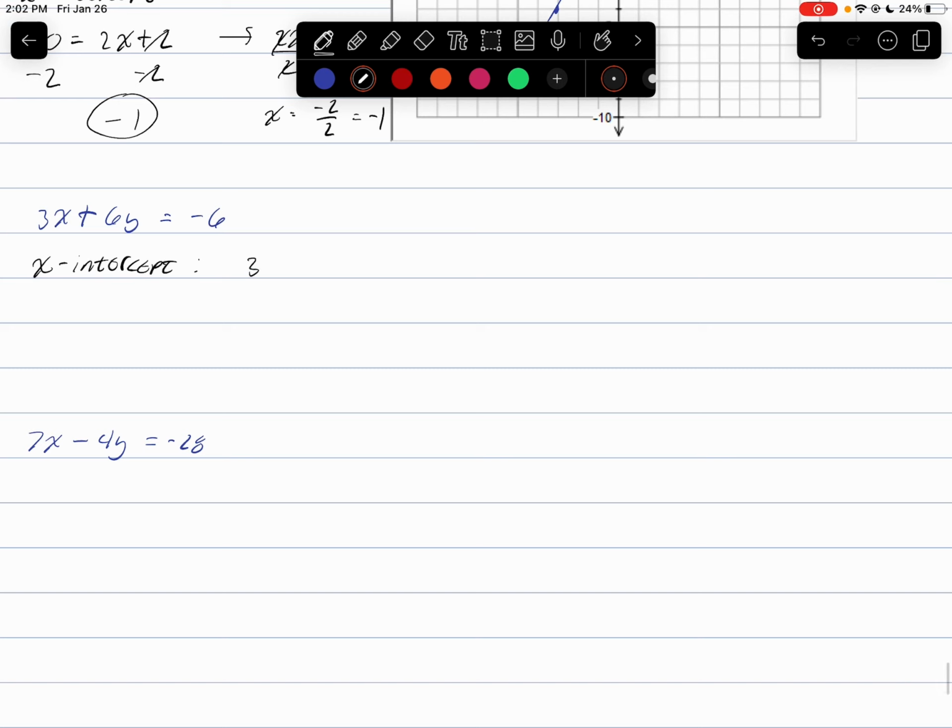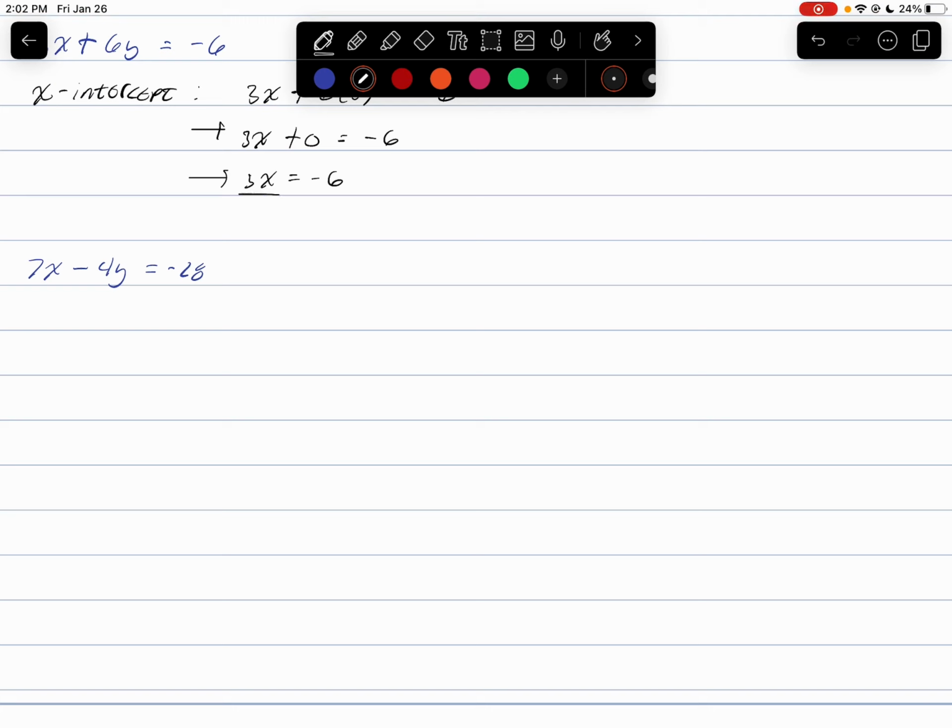So we have 3x plus 6 times 0 is equal to negative 6. 6 times 0 is just 0, so this is the same thing as 3x plus 0 is equal to negative 6, or we can just write this as 3x is equal to negative 6.